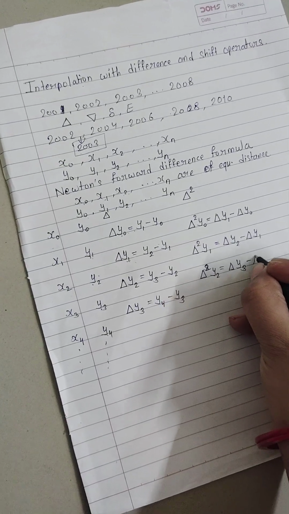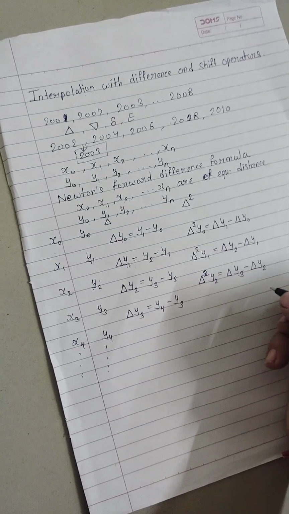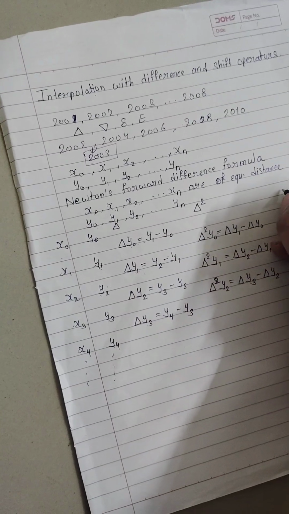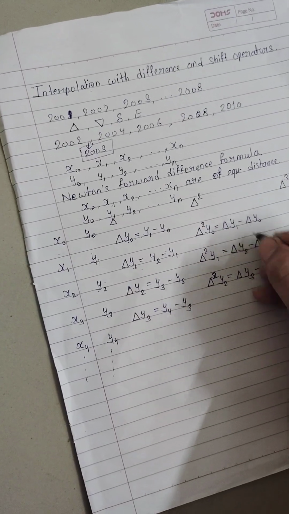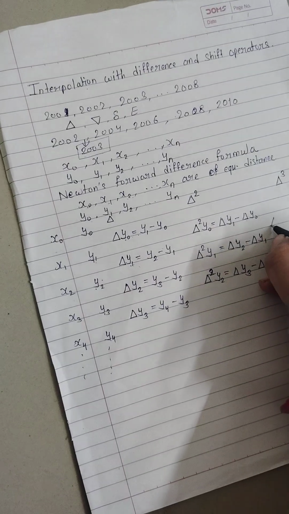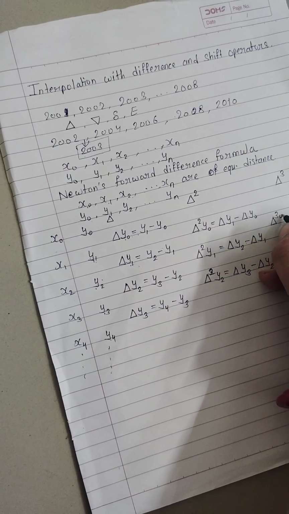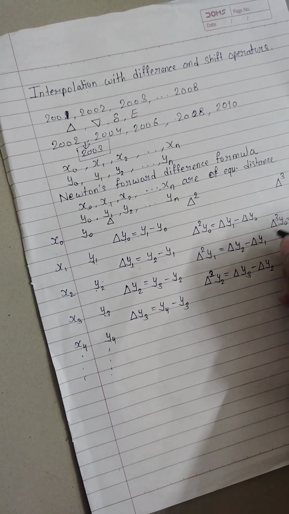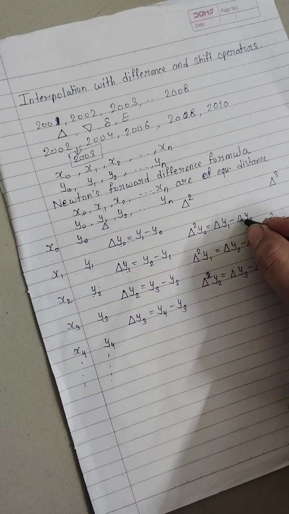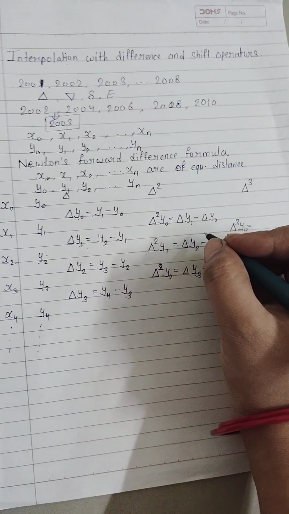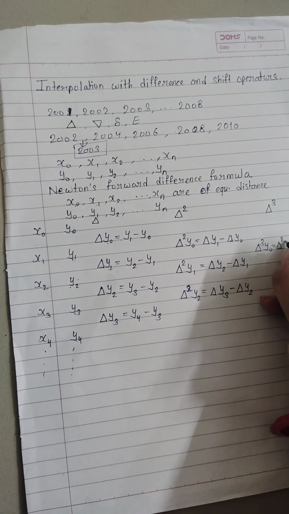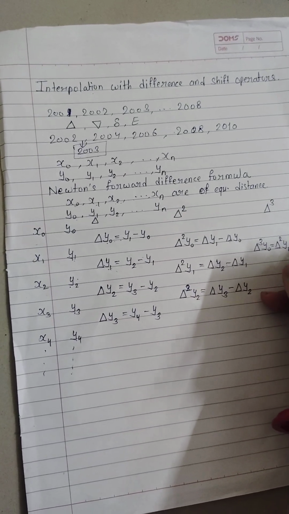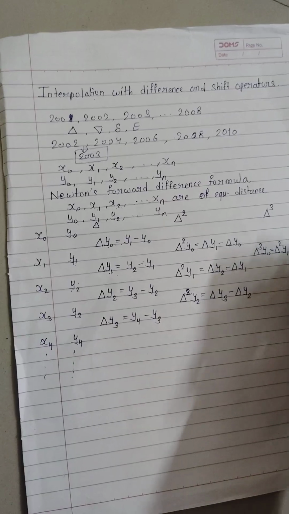y3 minus delta y2. If I want to find delta cube, it is the difference between these two variables. So delta cube of y naught is delta square y1 minus delta square y naught.